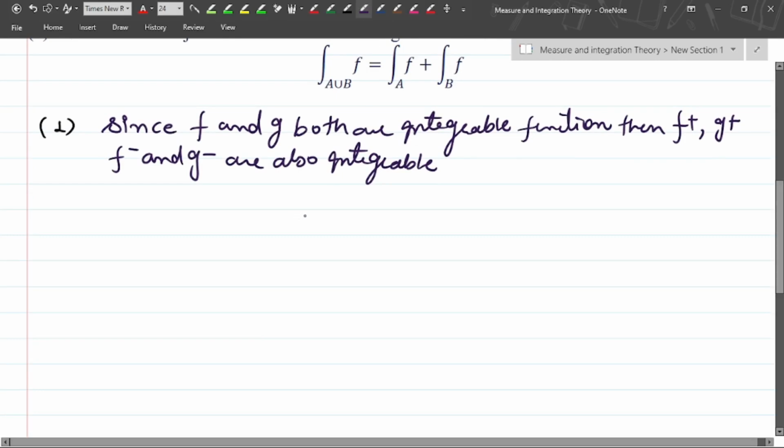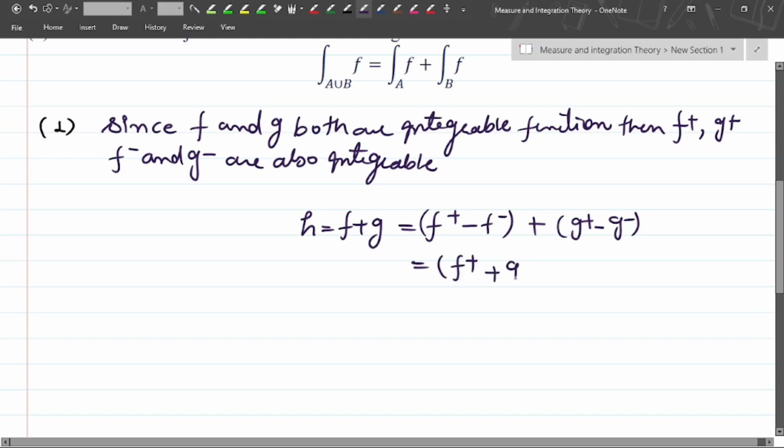h. We'll define h equals f plus g, which is f plus minus f minus plus g plus minus g minus. So it is f plus plus g plus, and f minus plus g minus.